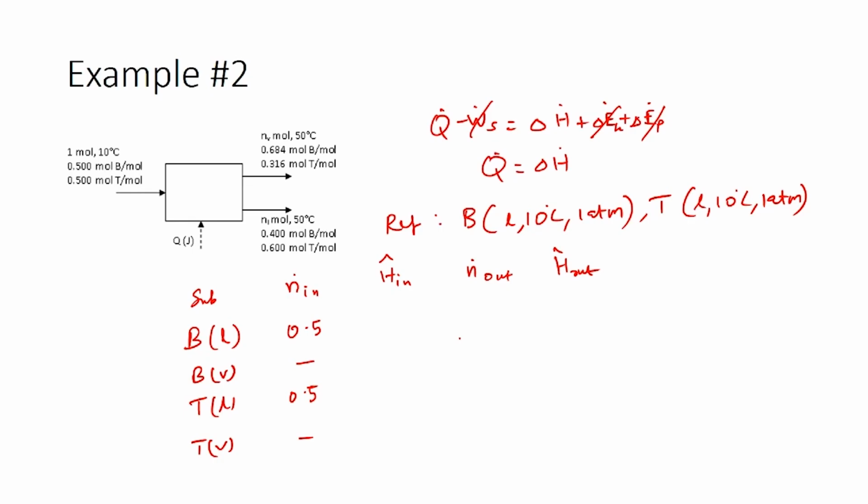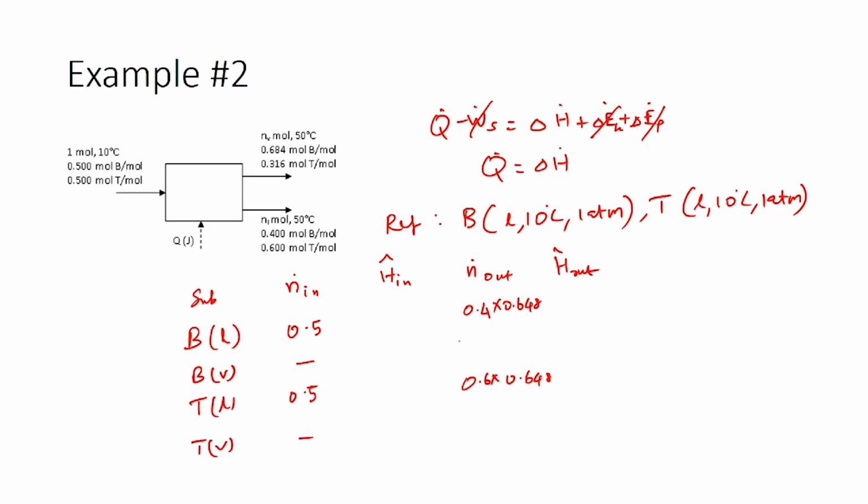So, the liquid phase exit stream has 0.4 moles of benzene per mole. So, we have 0.4 times NL, which is calculated to be 0.648, and similarly toluene would be 0.6 times 0.648.